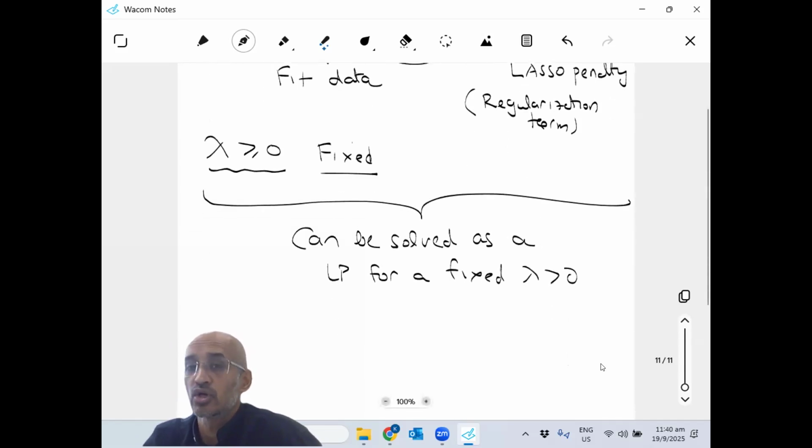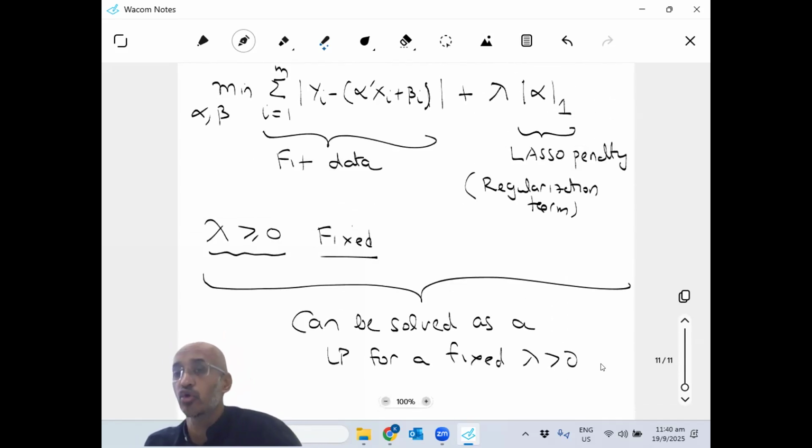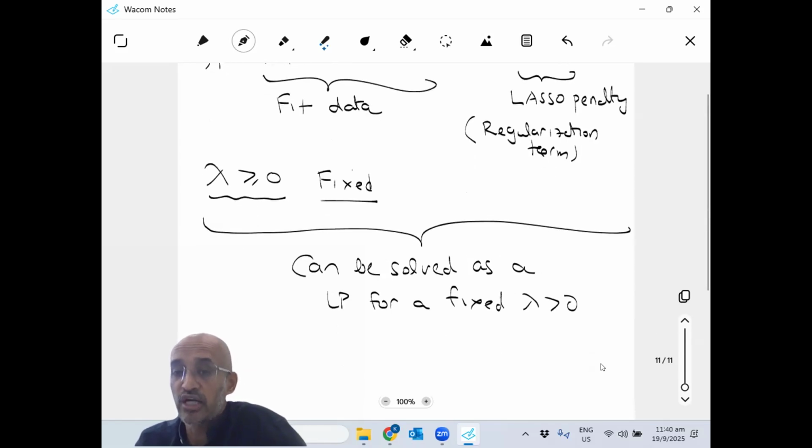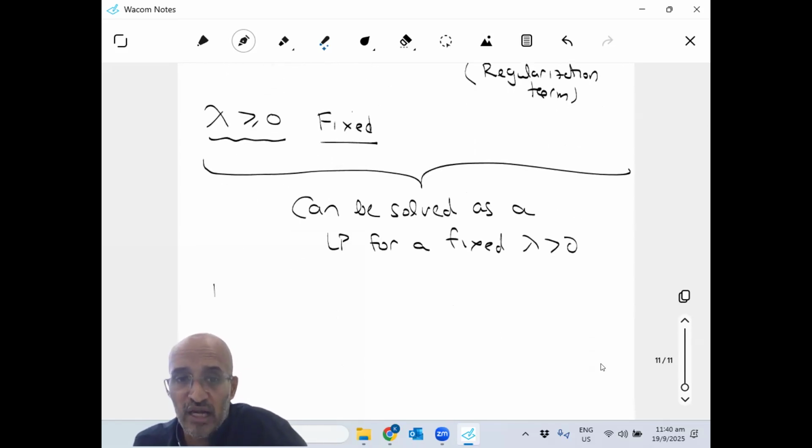regularization parameter. Now, what happens in practice is you don't know what these lambdas are. You're trying to trade off between fitting the data and keeping the model simple. You want the alpha vectors to have low norm, and you're also hoping for good out of sample properties. So what they typically do is they try to find lambda using cross validation.